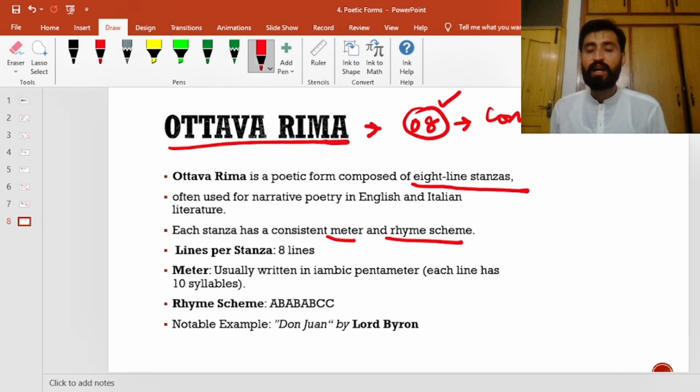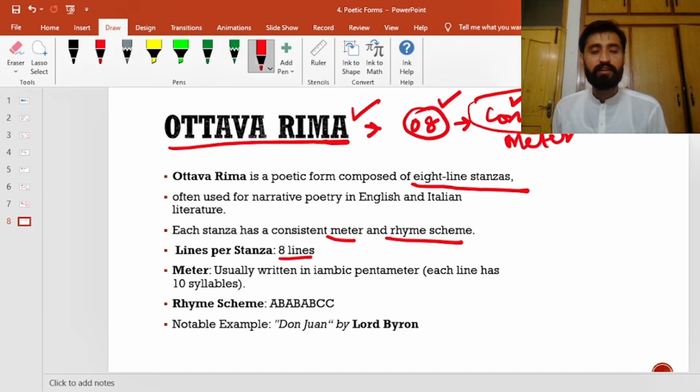The number of lines does not change, the rhyme scheme does not change, and the meter does not change. So there is this element of consistency. A poetic form with consistency in number of lines, meter and rhyme scheme, which one is that? That is definitely Ottava Rima, right?